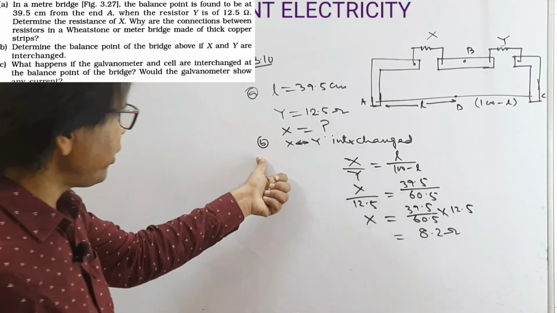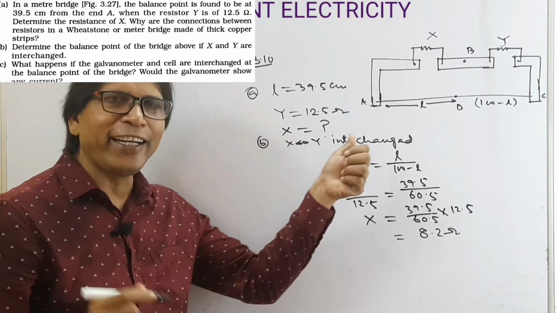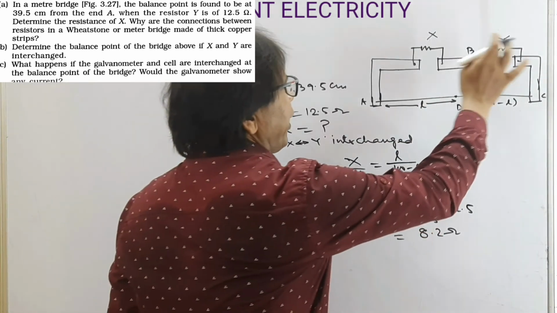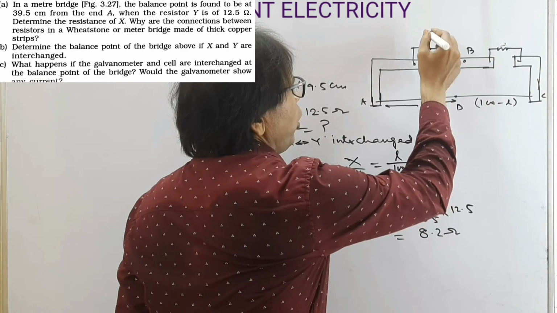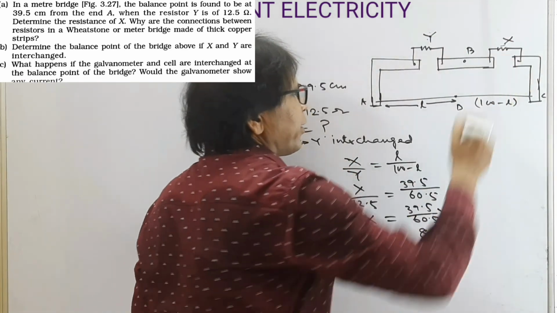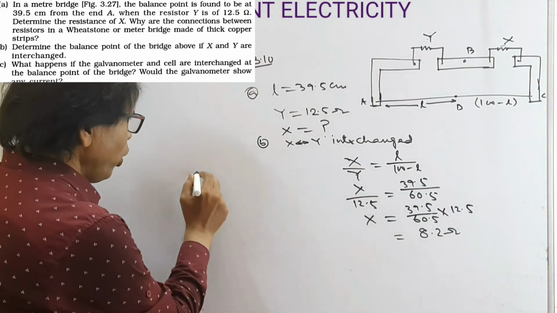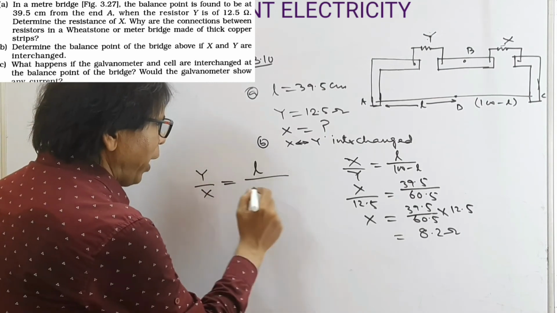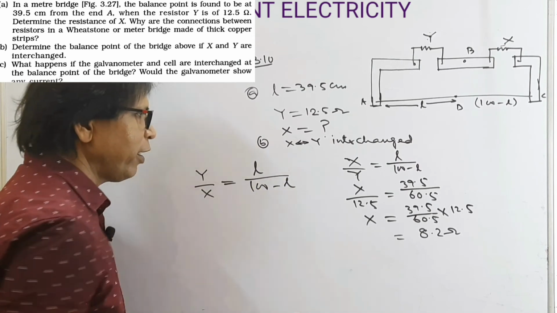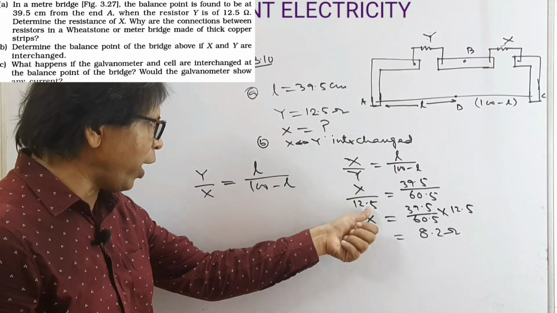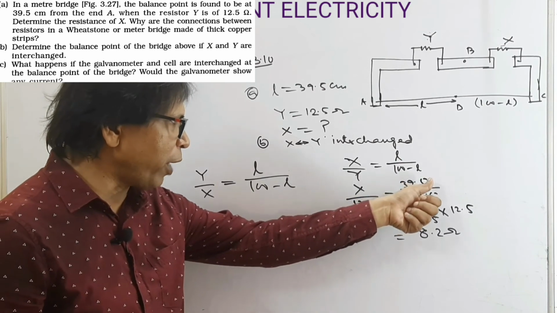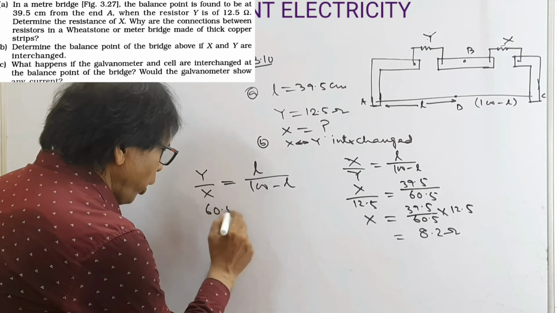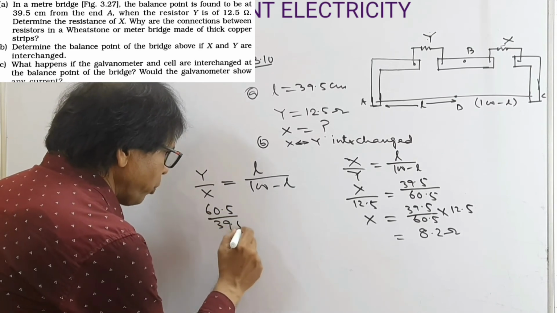Now next question. If X and Y are interchanged, what will be the null point? If X and Y are interchanged, this will be Y and this is X. Y by X is equal to the new null point L divided by 100 minus L. Now X by Y is equal to 39.5 by 60.5, so Y by X equals 60.5 divided by 39.5.